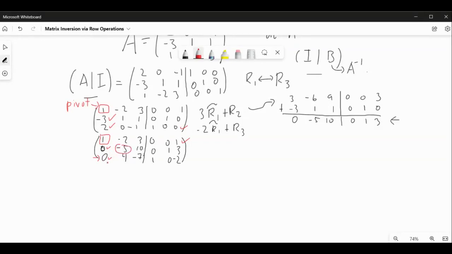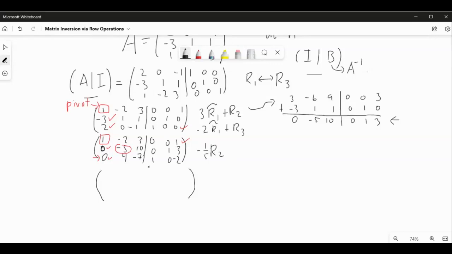So now this becomes our pivot, and our first task is to make this non-zero element become a 1. And so to that end, I multiply this row by negative 1/5. Okay.